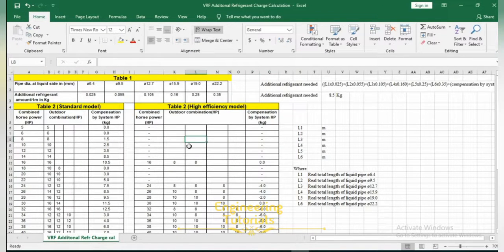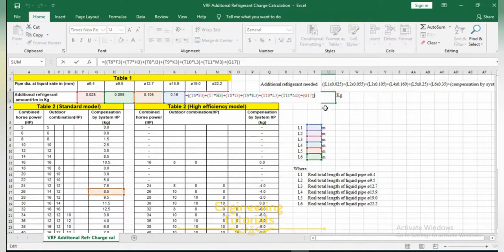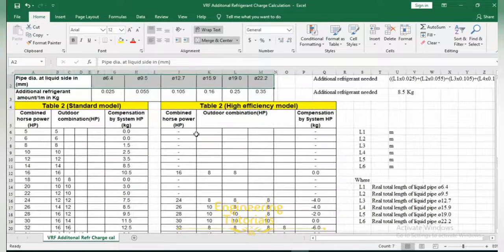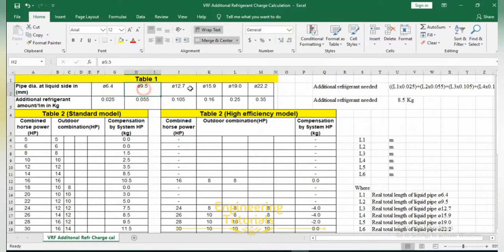Here I have an Excel sheet. I'm gonna use two tables for refrigerant charge calculation, and here is the formula which I already applied to calculate the additional refrigerant. In this first table you can see the diameters mentioned: 6.4, 9.5, 12.7, 15.9, 19 and 22 mm.